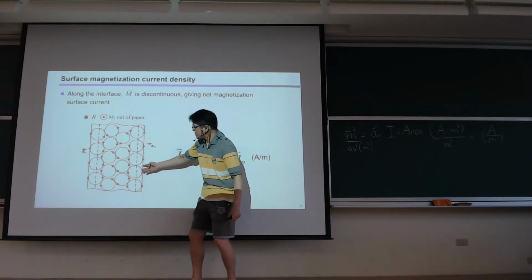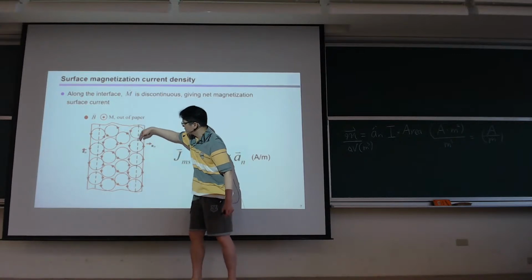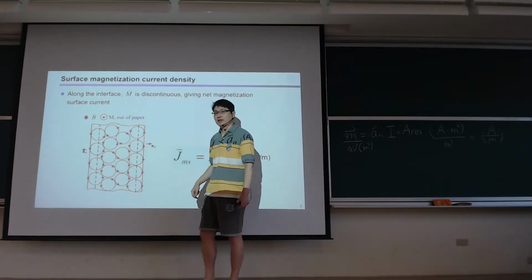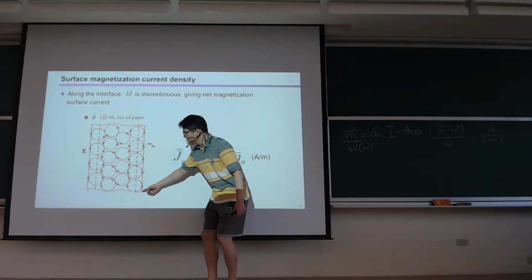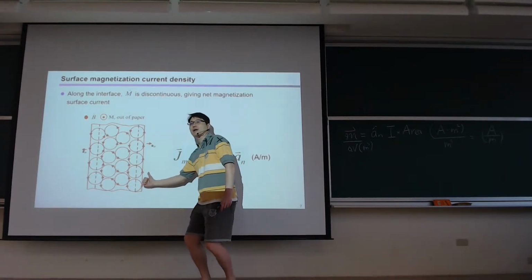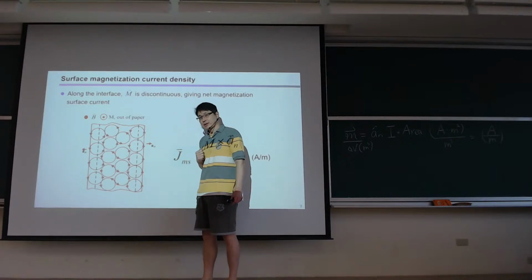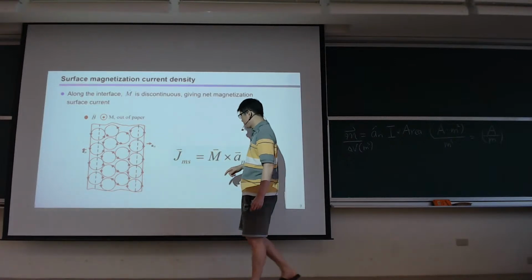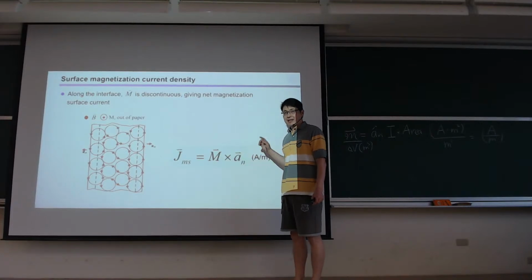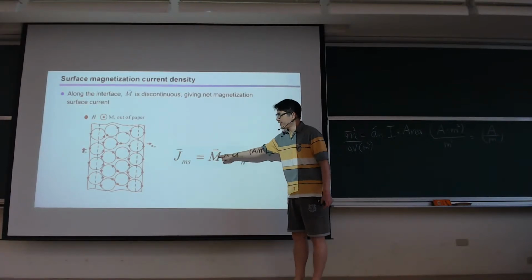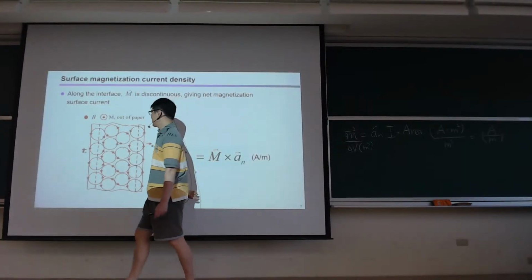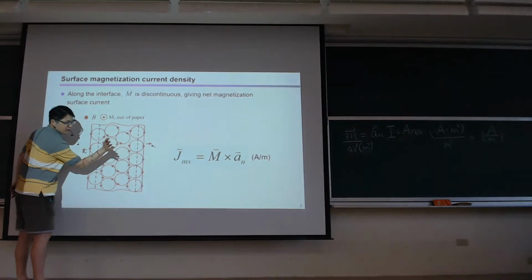Apparently, for the right surface, due to the flow direction of the currents, they are counterclockwise. So eventually, along the surface, you have a current flowing upwards. Okay? So let us check whether this cross product makes sense. In this case, M is out of paper.